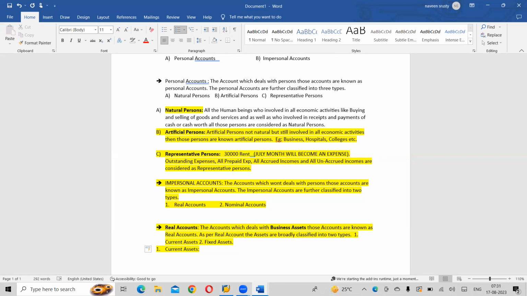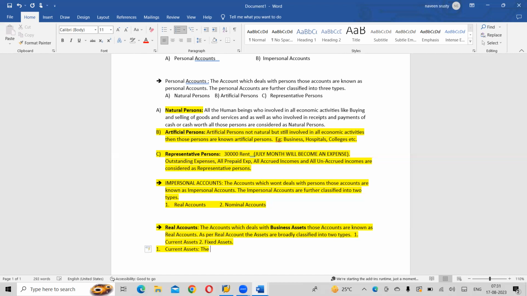Anyone can answer apart from this? The assets which can be converted into cash within 1 year or one accounting period cycle. Correct. Perfectly. Current assets are those assets. It's a standard accounting definition. Remember that the majority of people know current assets and fixed assets, but what exactly is a current asset?